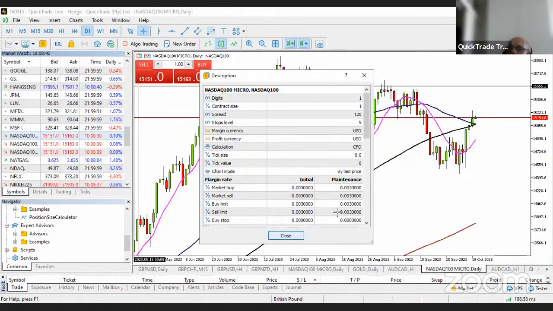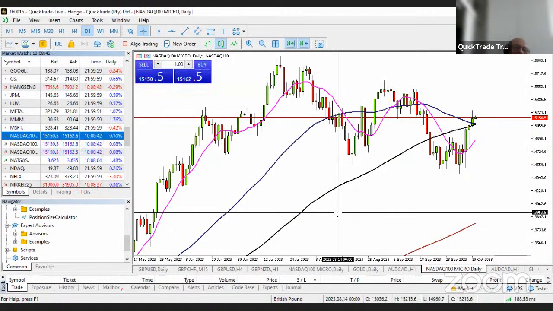So clearly 0.01 on the other is 10 times the risk and size of 0.01 or 1 micro on this particular one. Why is it there? It's to give people with smaller accounts the chance to trade the indices. Before, they were trading indices without realizing they were overexposing because it's extremely volatile. You can go with a 60, 50, 70, 80, 90 pip stop quite normally on a Forex pair.